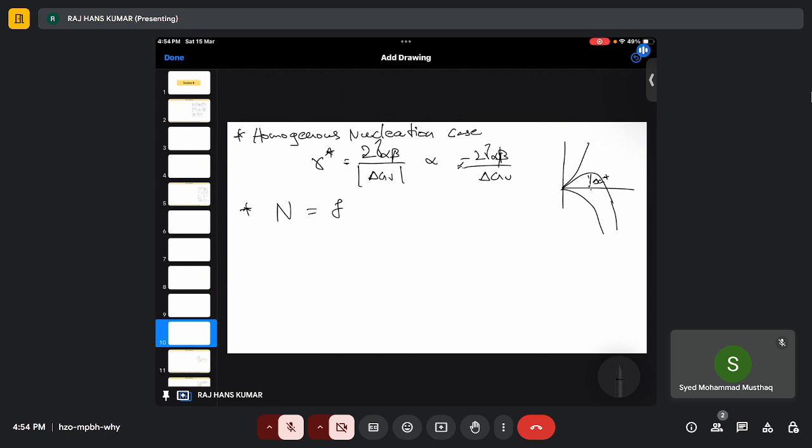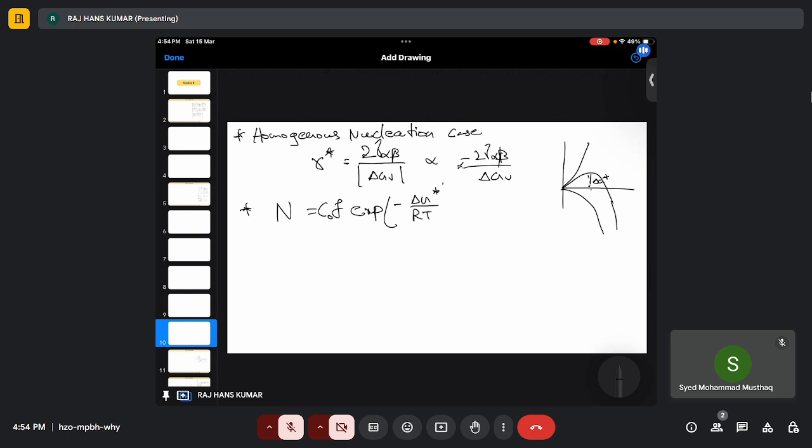And because we are talking about homogeneous nucleation, every site has an equal probability to form a nucleus, right? So that's why we put C naught times the frequency with which the stable nuclei will form times the exponential term. There is a probability of forming the nuclei, right?